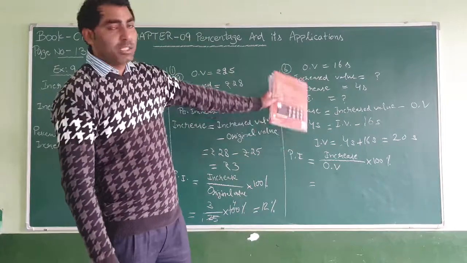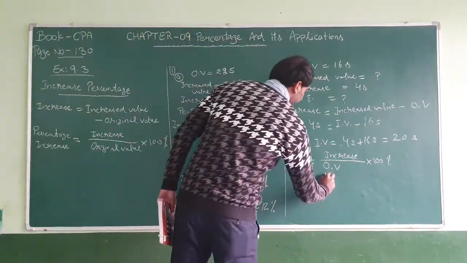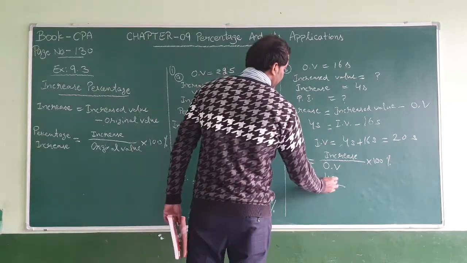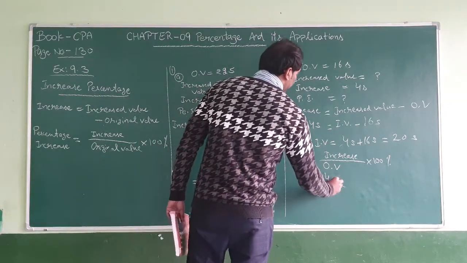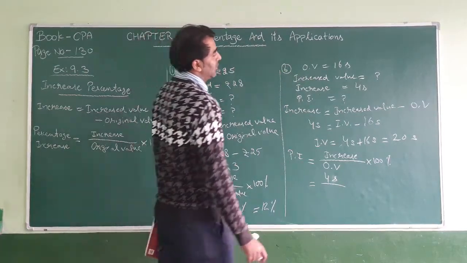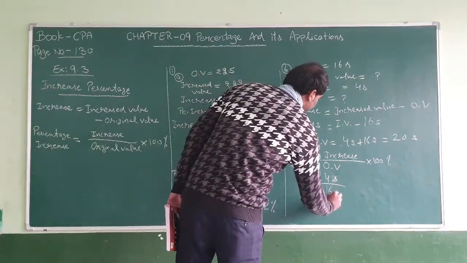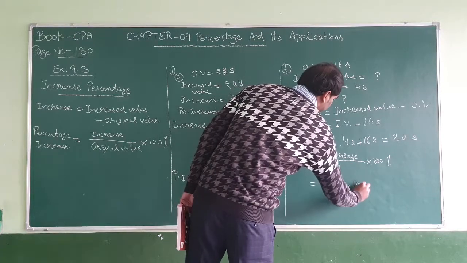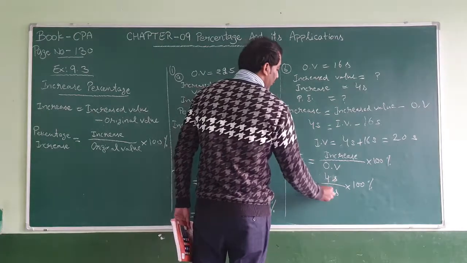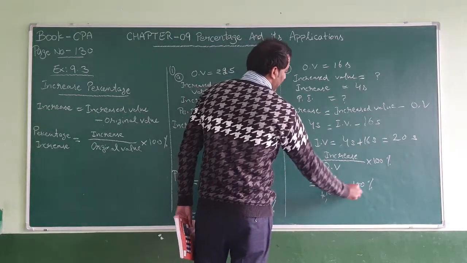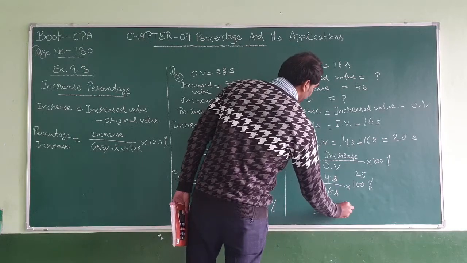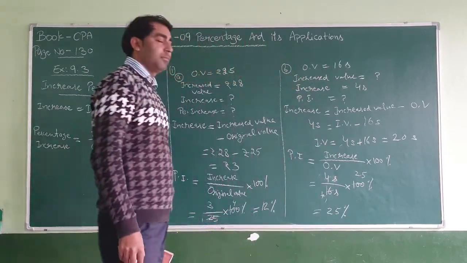The value of increase is 4s upon original value 16s multiply 100 percentage. 4 into 4 is 16, 4 into 25 is 100, 400. So answer is 25 percentage.